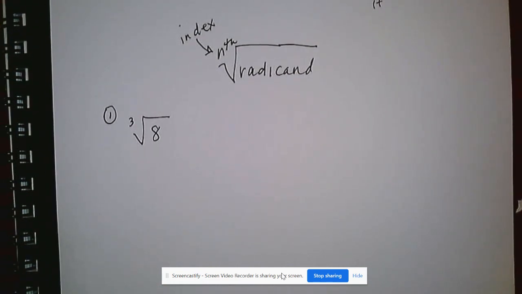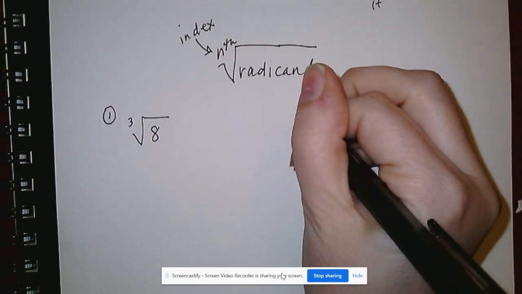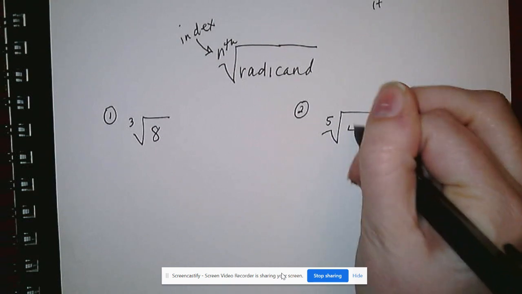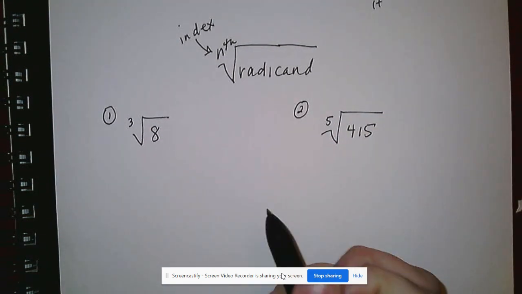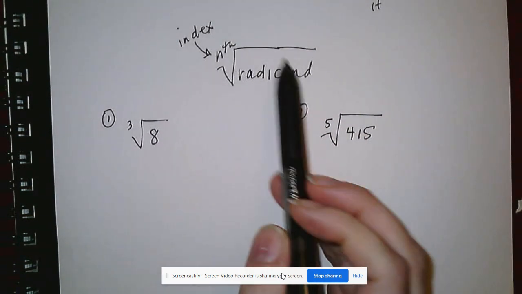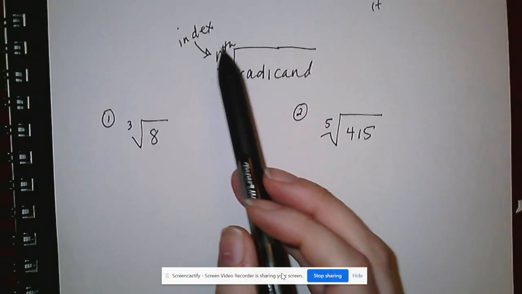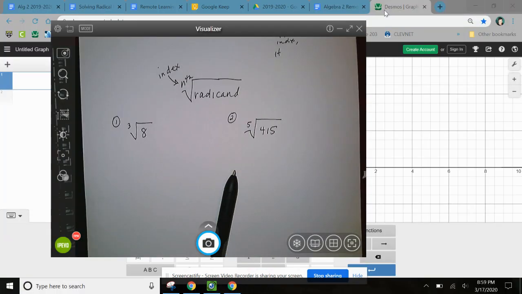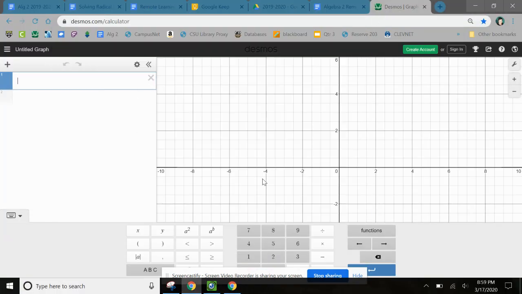We can put this into a calculator, and since we're doing stuff online, we're going to use Desmos, though you can also do this on the TI-30 calculator that we normally would be using in class. Number 1 is the cube root of 8, and number 2 is the fifth root of 415. I introduced you to the vocabulary because that's what I'm going to be using when we put it into Desmos. So let's go to Desmos so that you can see how to enter this.